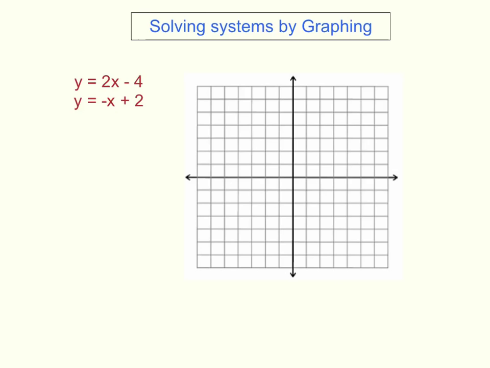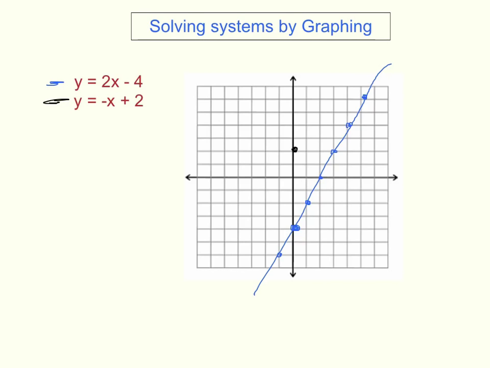Here I've got y equals 2x minus 4. I'm going to use this blue color. Graph on the y-intercept, which is negative 4. Go up with the slope, up 2 over 1. Okay, so there are my points. That's my line. And then I'm going to graph y equals negative x plus 2.